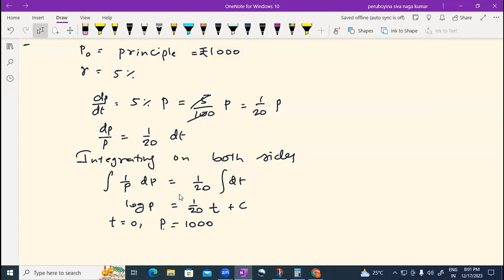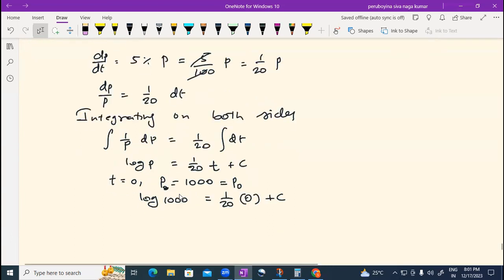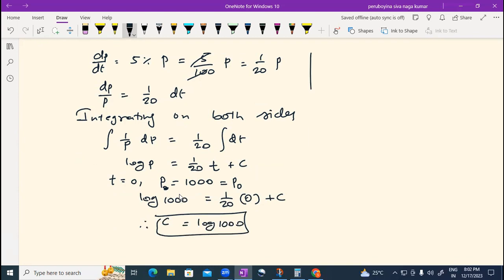Initially, he invested. The P value will be P naught, that is 1,000 rupees. Therefore, log 1,000 is equal to 1 by 20 into 0 plus C. Therefore, the C value is equal to log 1,000.